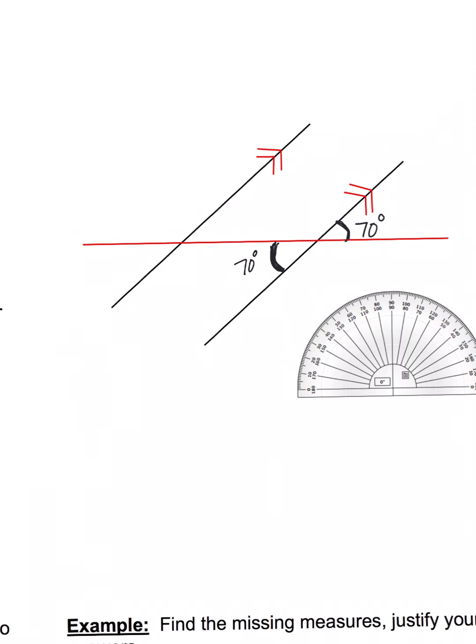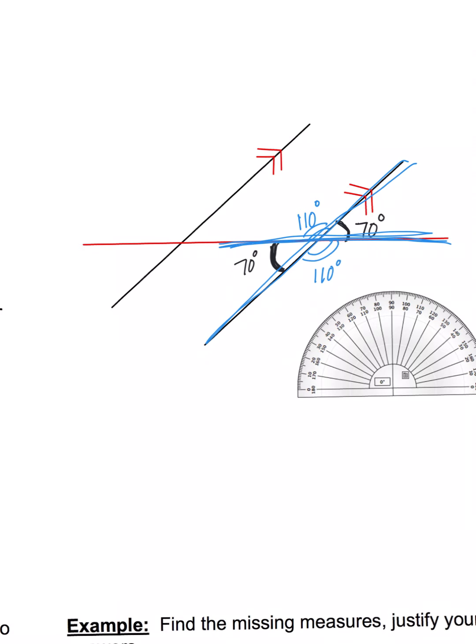We also know that we have some linear pairs. If I look at this line and then this line that intersects it, we have a linear pair with the 70-degree angle and this angle right next to it. So those two angles must add to 180 degrees, which means that this one must be 110 degrees. Knowing that that's 110 also tells you that the angle across from it is 110 because of the vertical angle theorem.